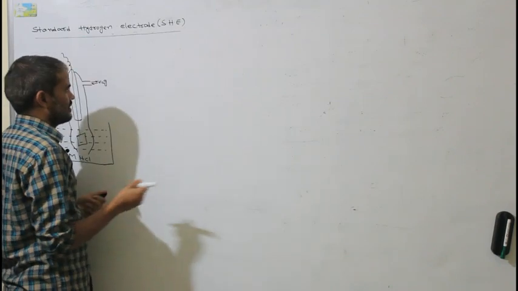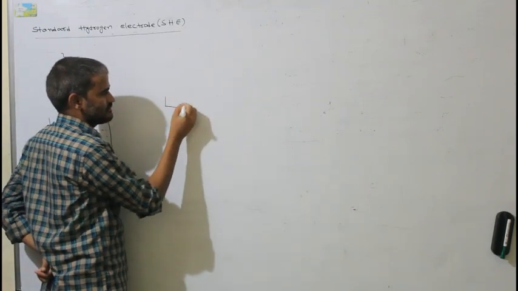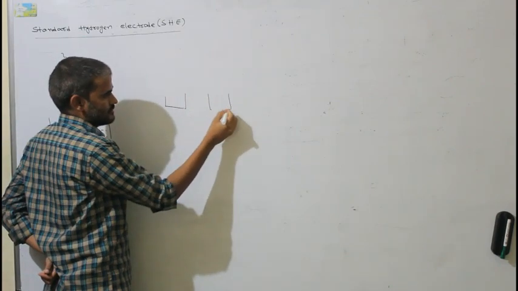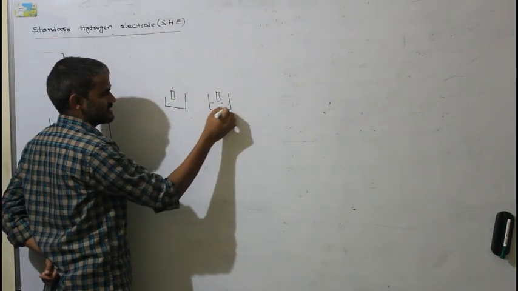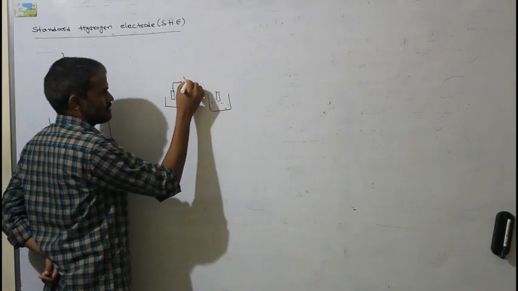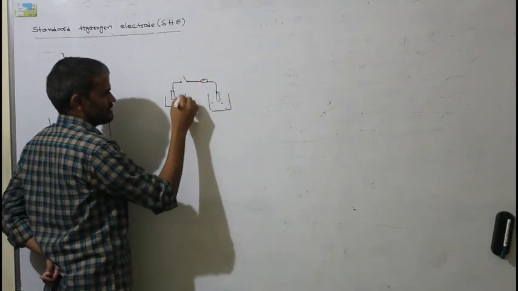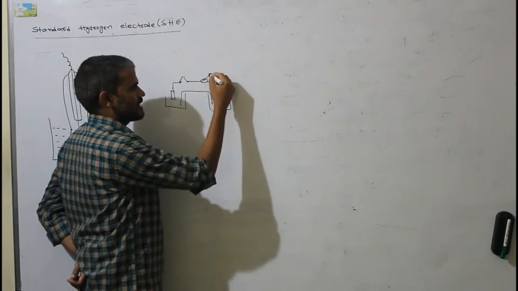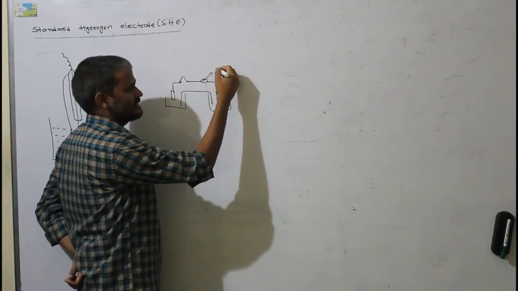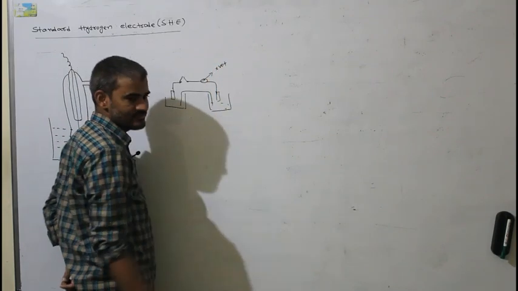For example, last class we did it like this. Two electrodes, two metals, are placed in their respective solutions and connected through an ammeter and salt bridge. When the switch is on, in the ammeter we are able to see the potential difference in terms of volts.